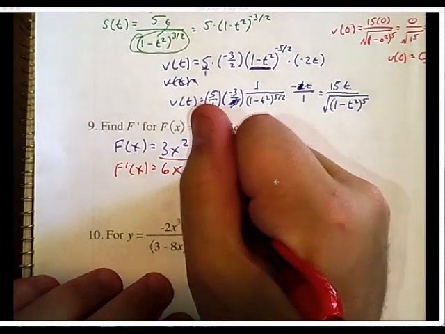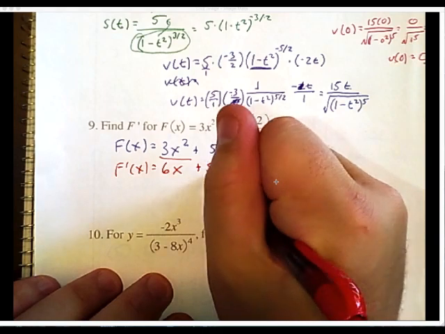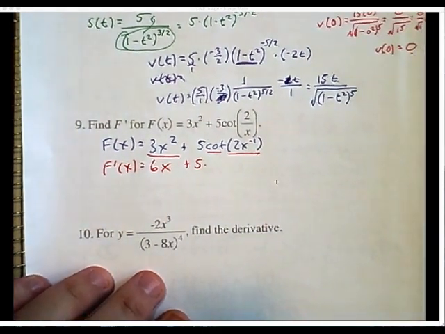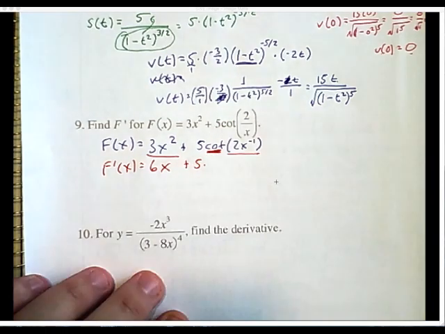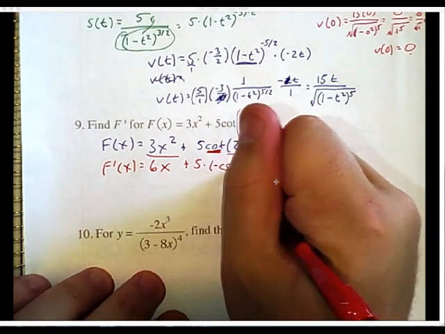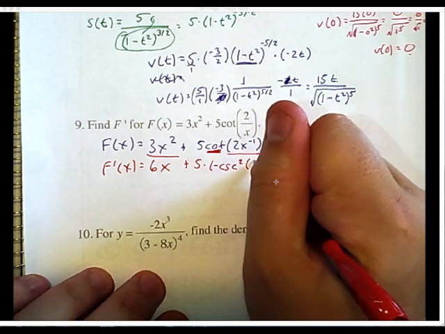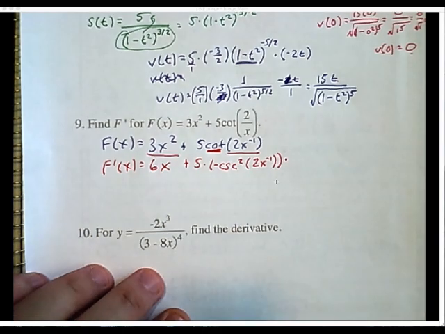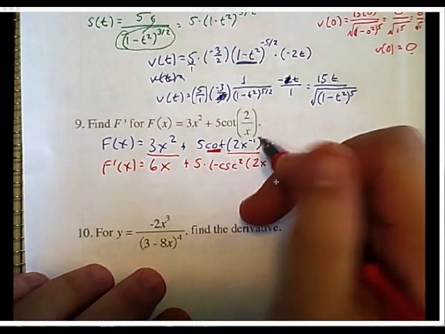Okay. For the next term, the coefficient stays. That's a chain rule. Okay. So you have to take the derivative of the outside. Derivative of cotangent is negative cosecant squared of whatever's on the inside times the derivative of the inside.